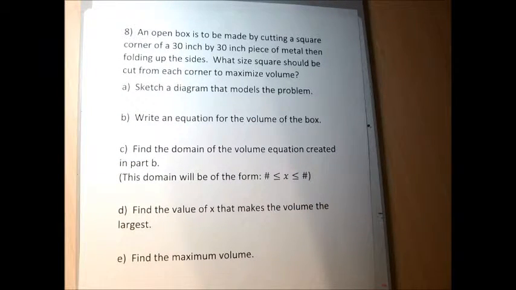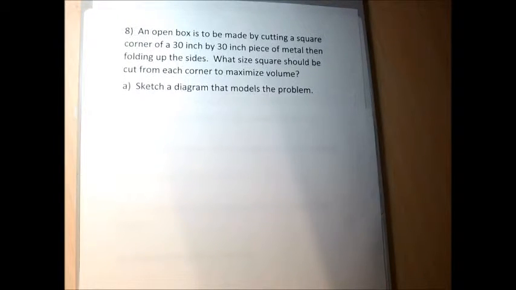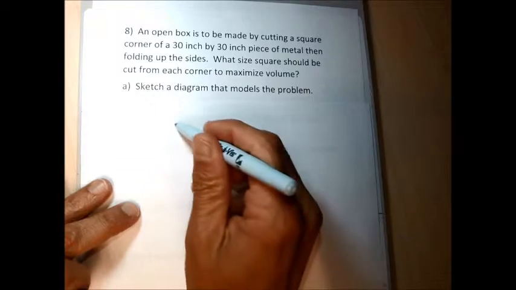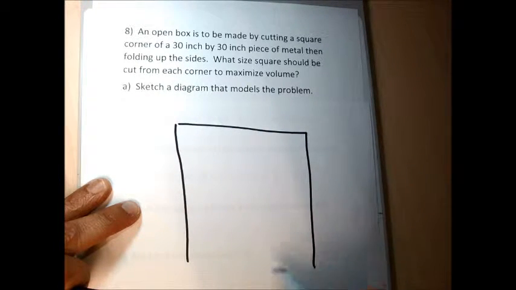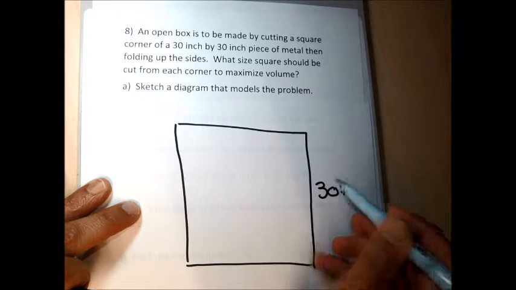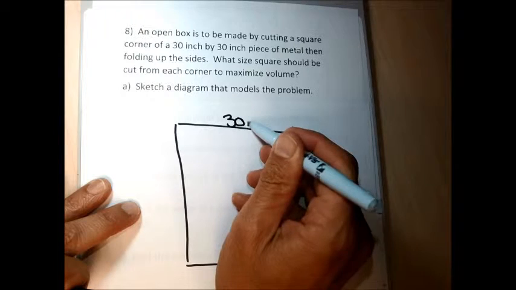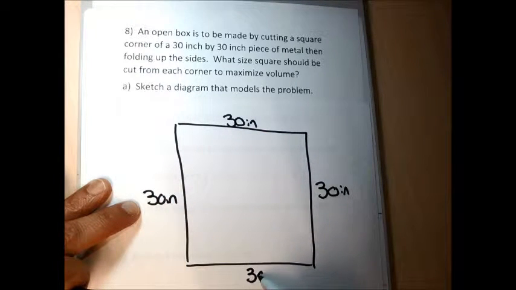So my diagram that models the problem is I'm starting with a 30 by 30 inch piece of metal. So I have a nice square piece of metal that is 30 inches on all 4 sides.